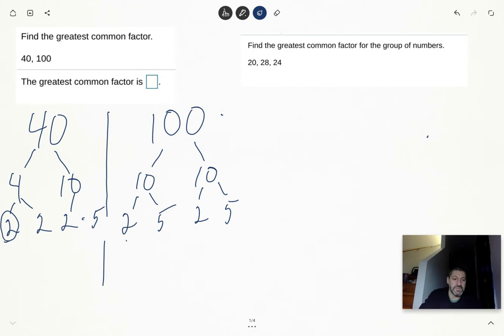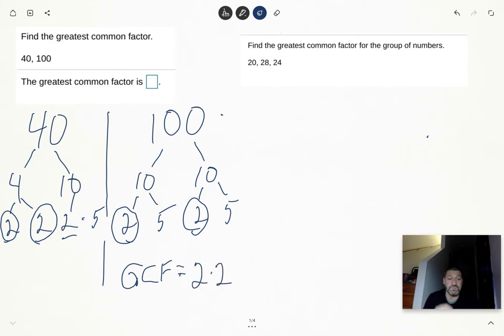Both terms have 1, 2. Both terms have 2 2's, but they don't have this third 2. So part of my greatest common factor is going to be 2 times 2.